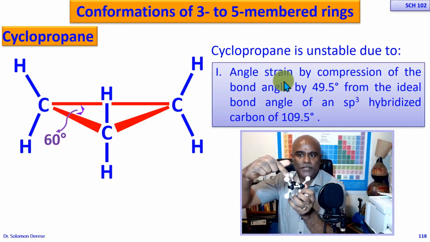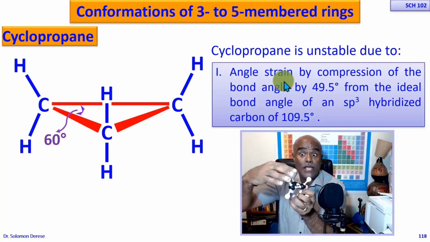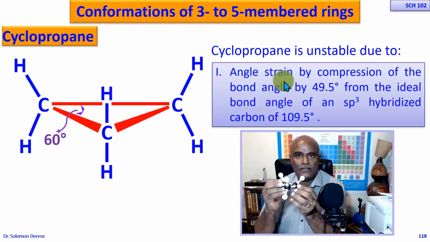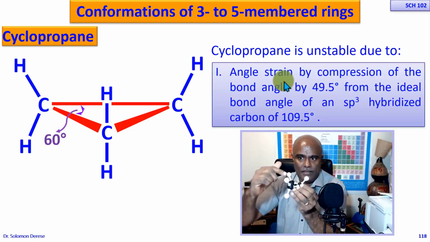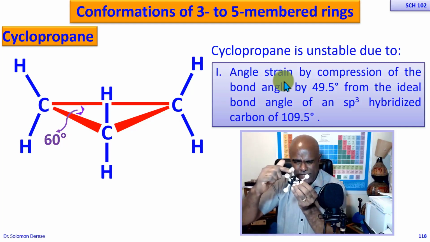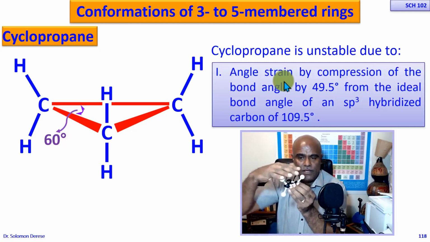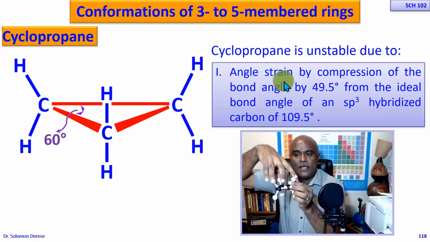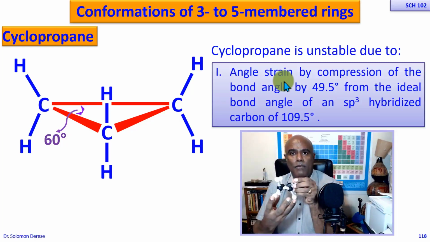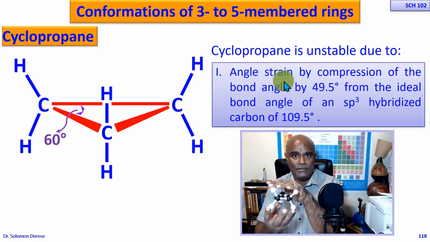There is nothing cyclopropane is going to do, because all the three carbons must be in the same plane. The top three hydrogens are eclipsed with each other. The same goes for the bottom hydrogens; they are all eclipsed.